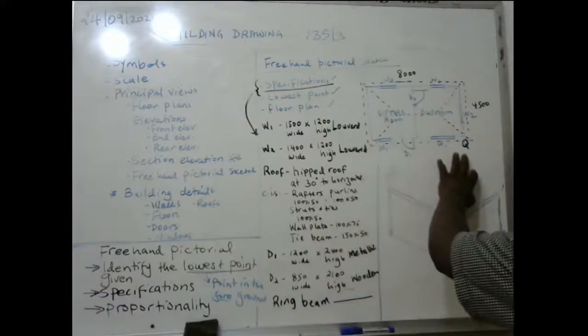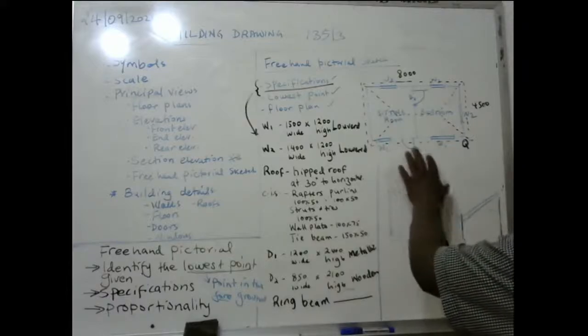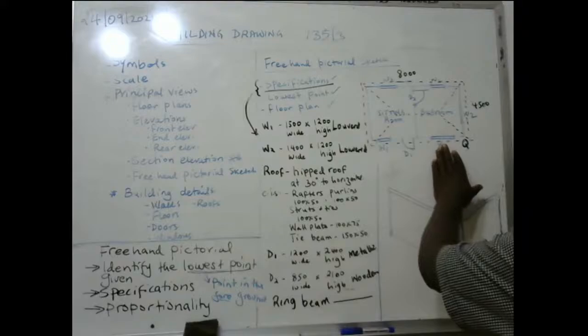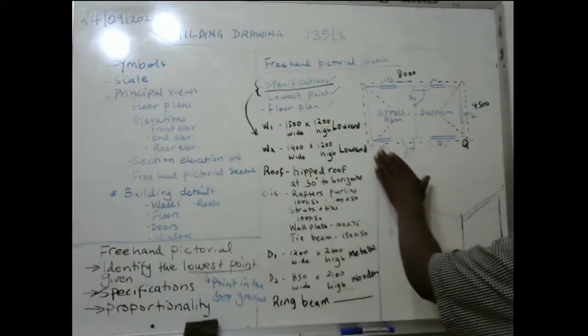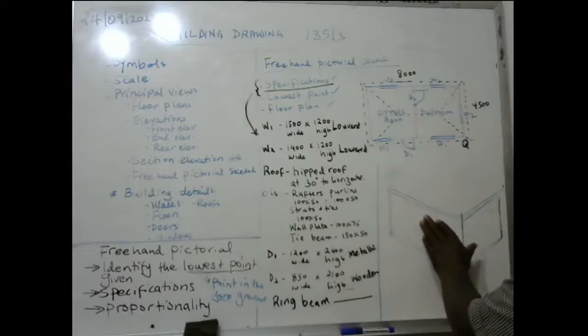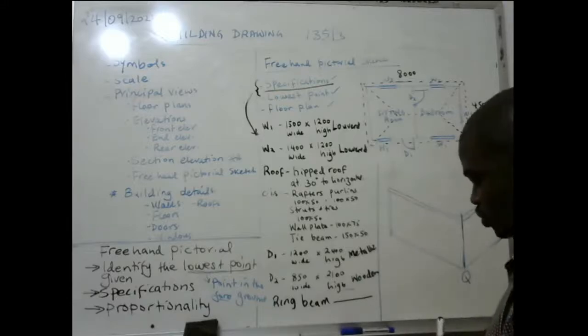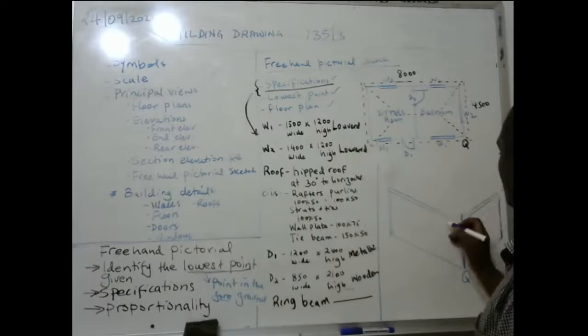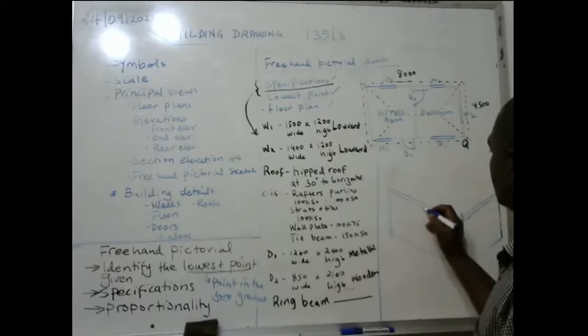So when we are developing the freehand pictorial, you have to look at these members here, the window 1, door 1, window 1. And then you try to position them there, so that the person who is looking at the building with reference to Q will be able to say that here there is a window, right? And then here there is a door.